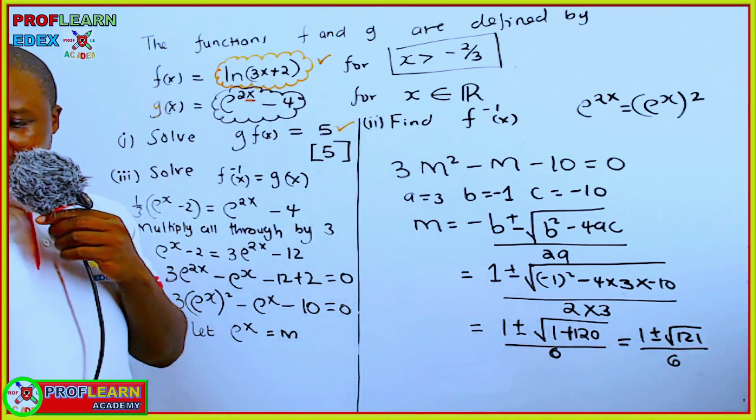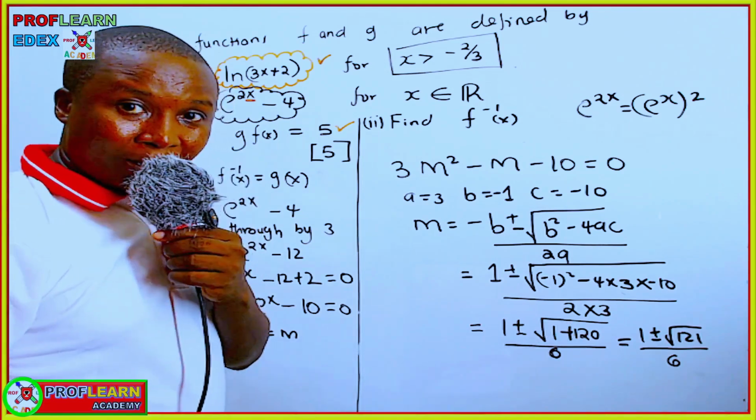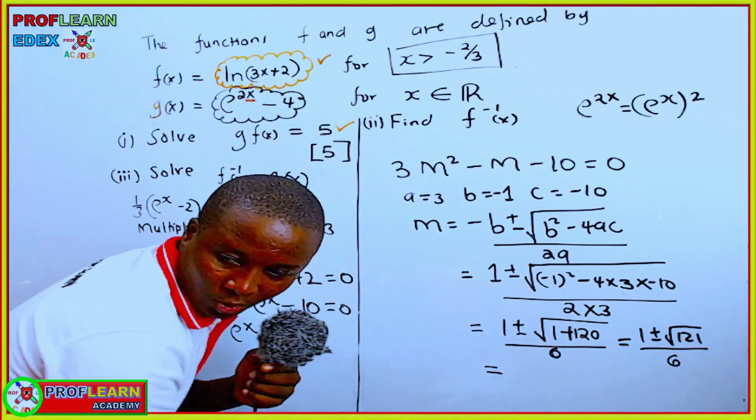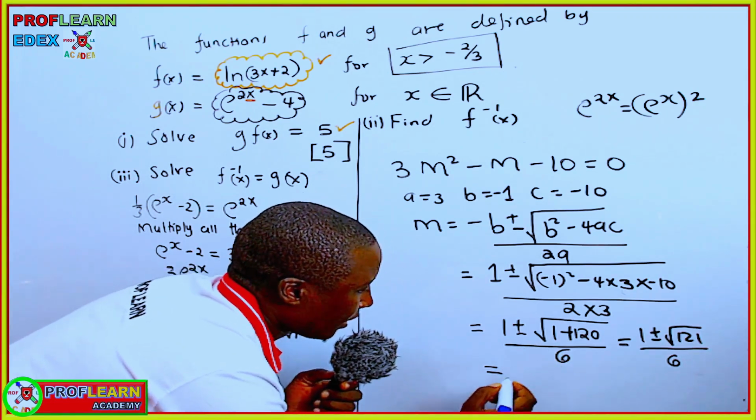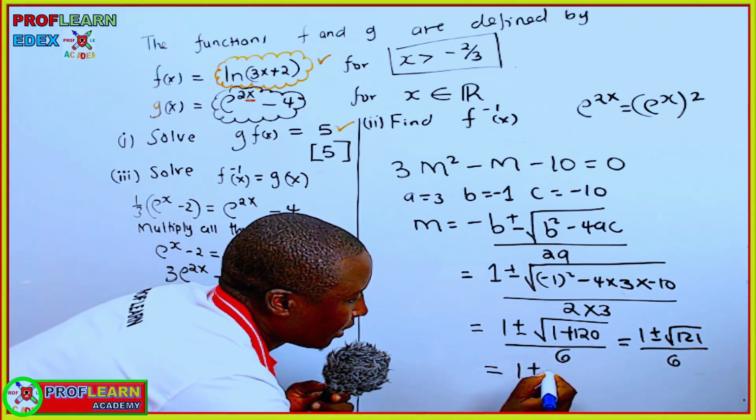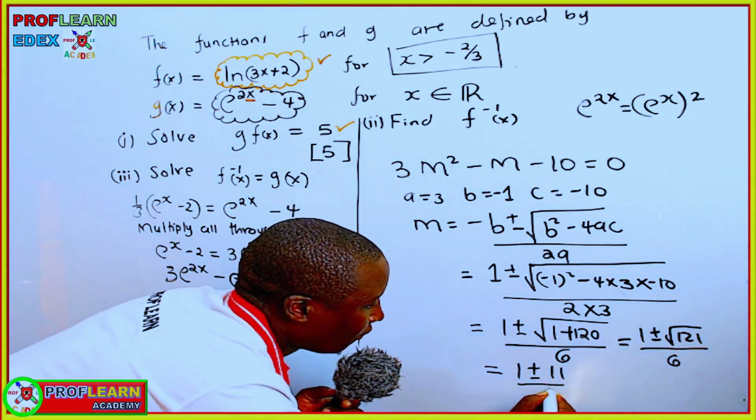All right. So the square root of 121 is 11. So this equation reduces to 1 plus or minus 11 over 6.